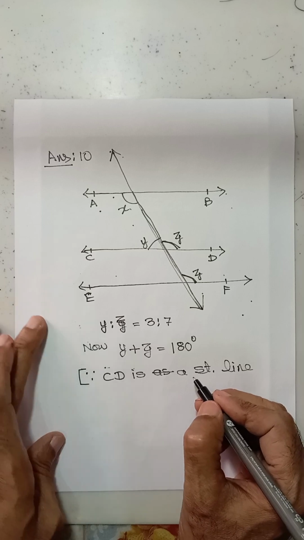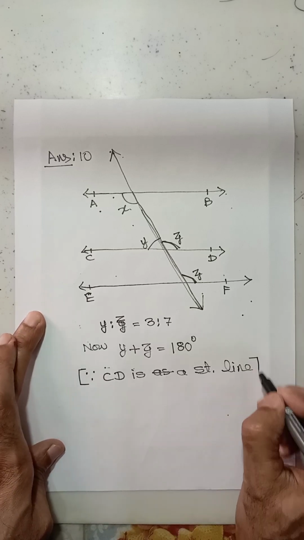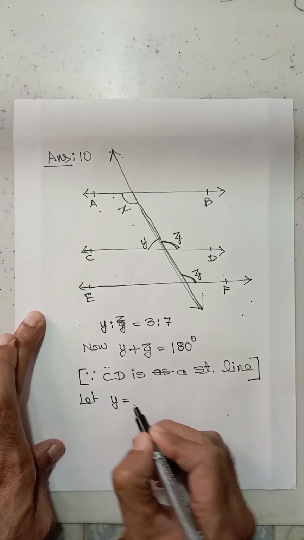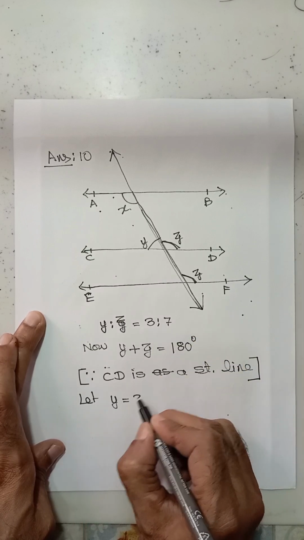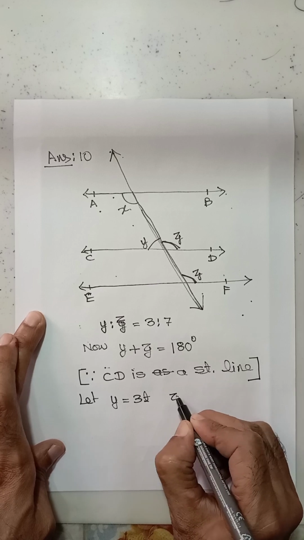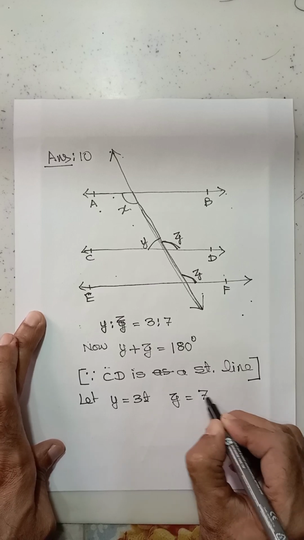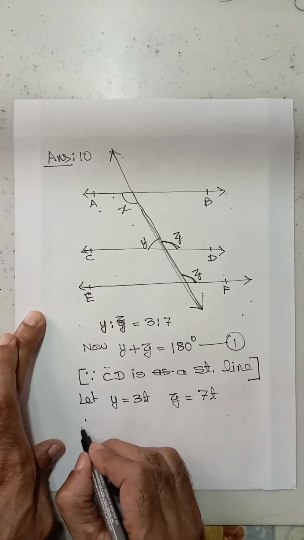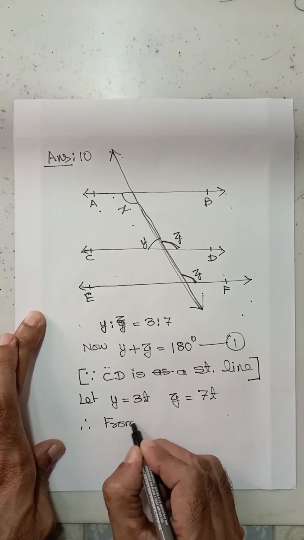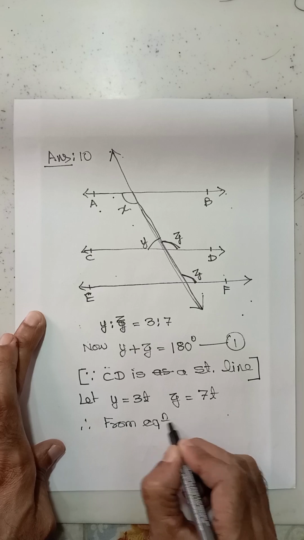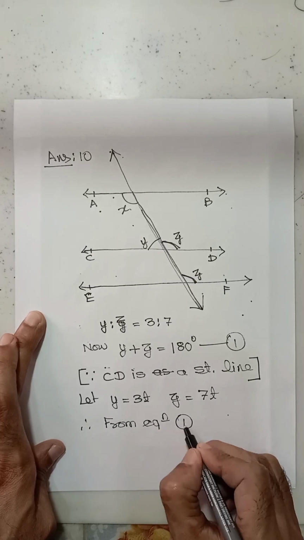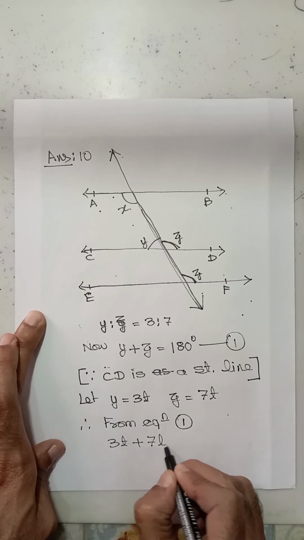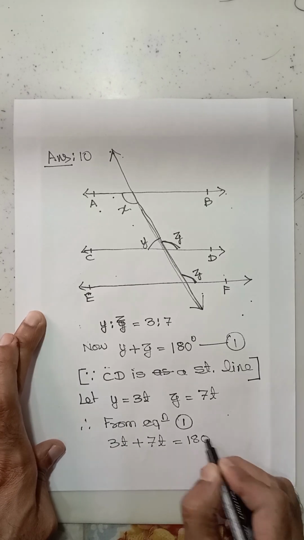Now let Y be equal to 3t and Z be equal to 7t. Therefore, from equation 1, 3t plus 7t is equal to 180 degrees.